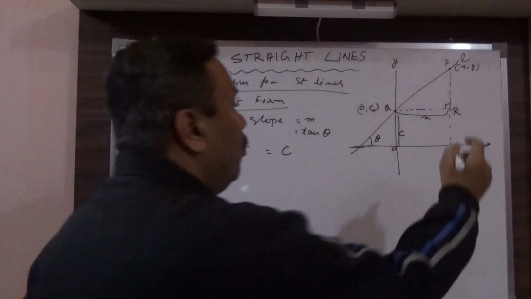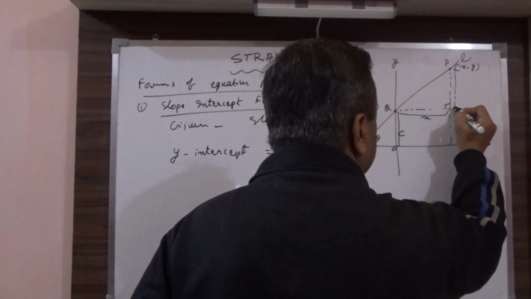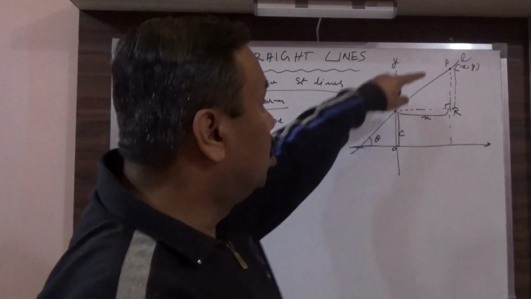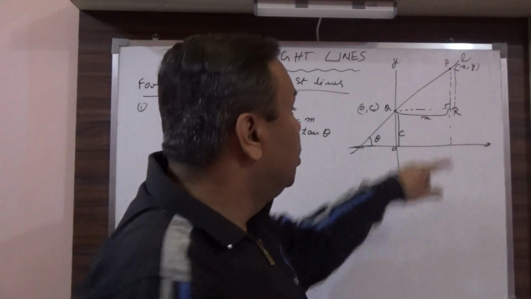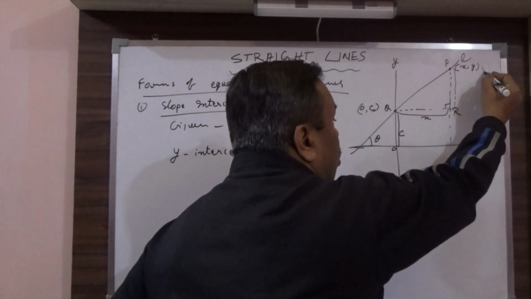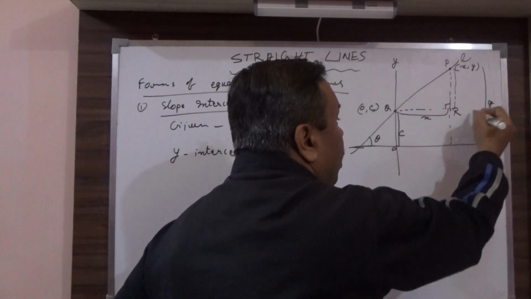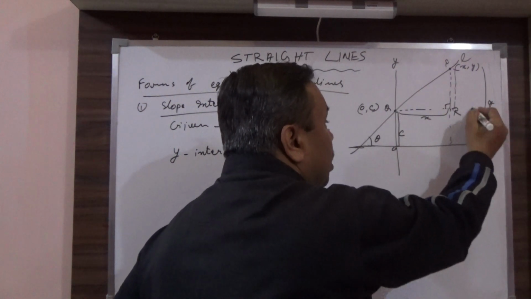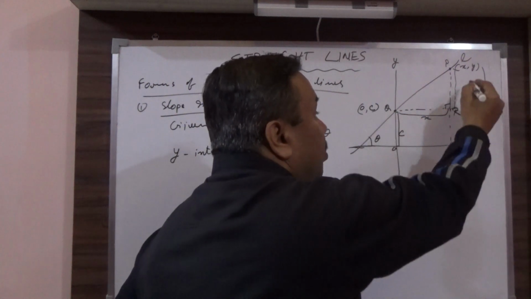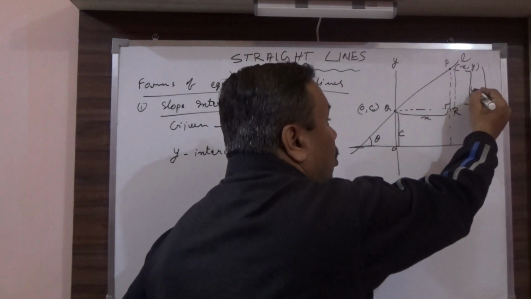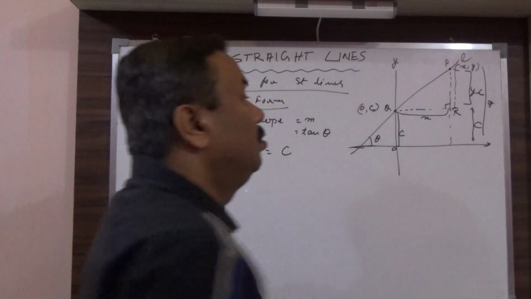And the total distance is y and this much distance is c, the y-intercept, so this part will be y minus c.